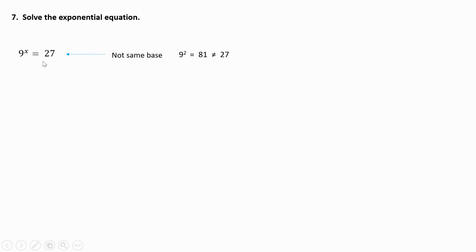That means we have to find the same base for both the left and the right side. The common base between 9 and 27 is going to be 3, because 9 is equal to 3 squared, and 27 equals 3 cubed. The 9 becomes 3 squared, and the 27 becomes 3 to the third power, or 3 cubed.